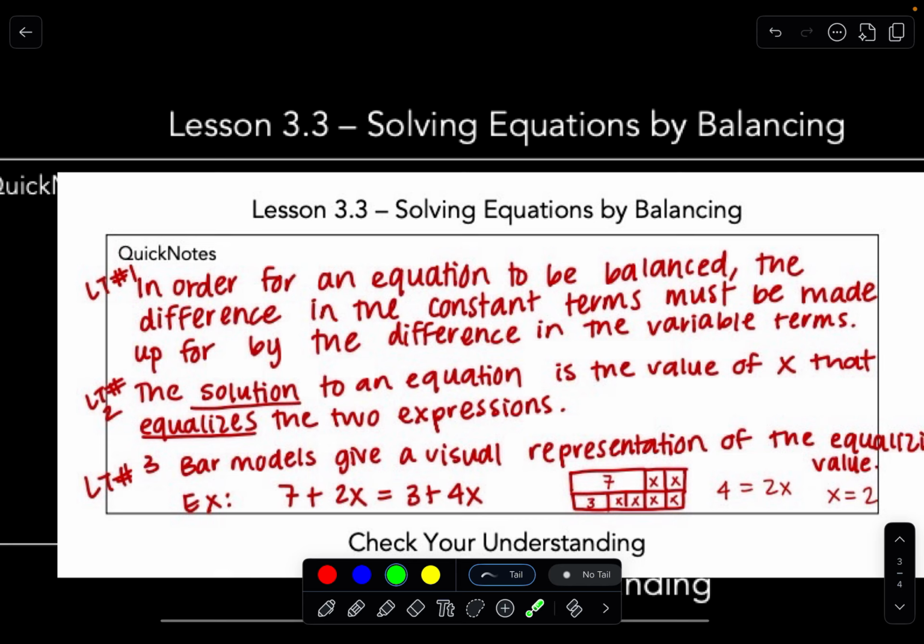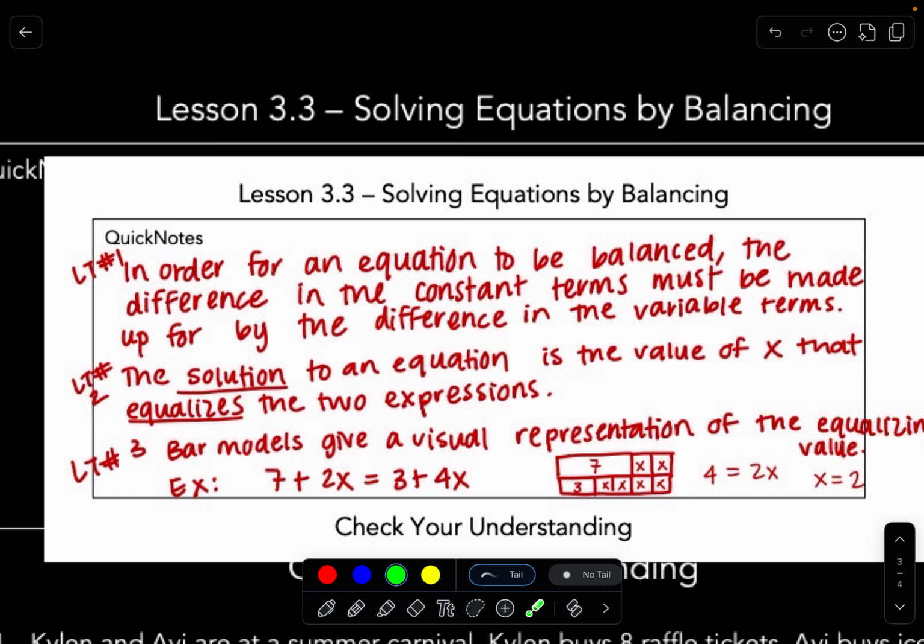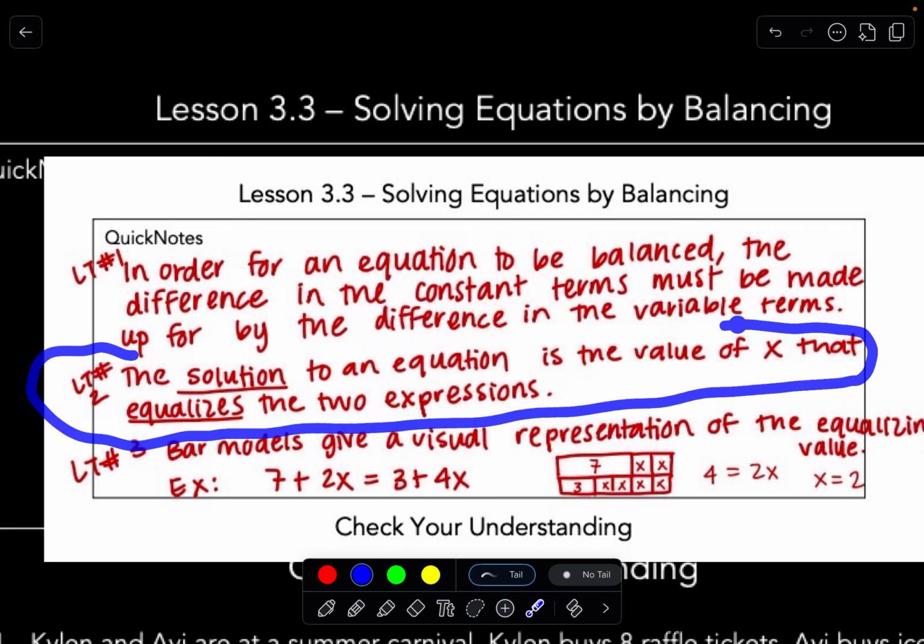It's impossible. That's what it means for an equation to be balanced. The second learning target: the solution to an equation is the value of the variable that makes both sides equal to each other. It equalizes the two expressions.